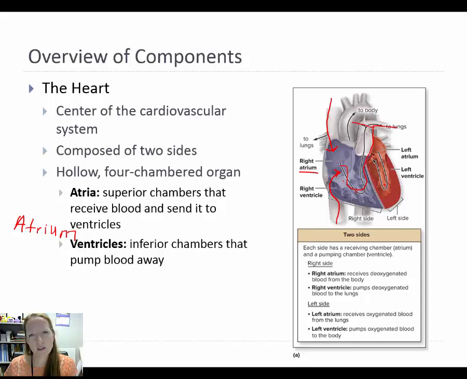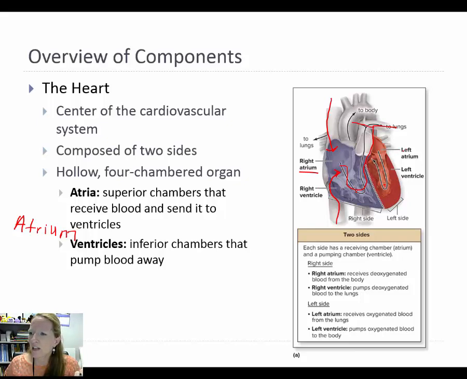So that's all deoxygenated on that side. If we take a look at the left side, it is going to be this red color. Anytime that you see this blue coloration in the book, it is referring to deoxygenated blood, even though it's not the true color of deoxygenated blood, but we have to differentiate it with colors, and that's the best thing to do.